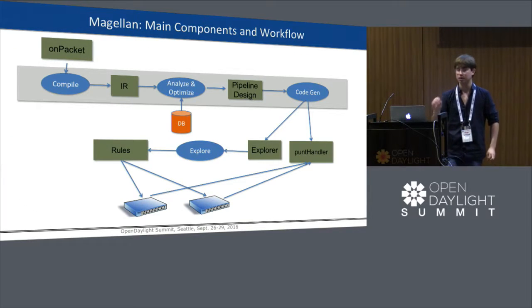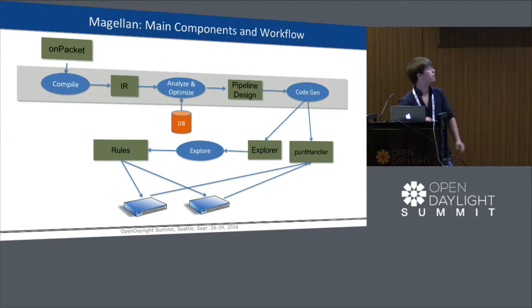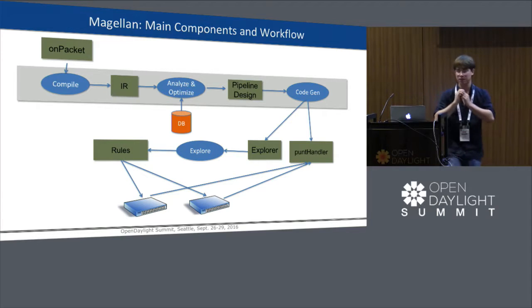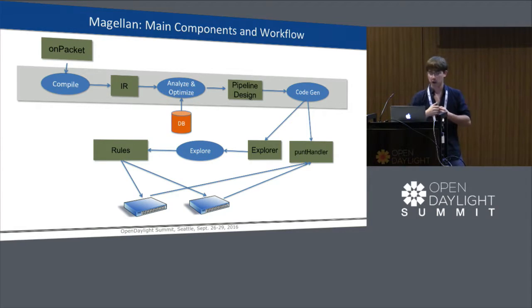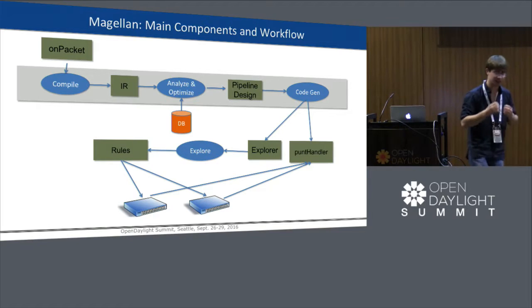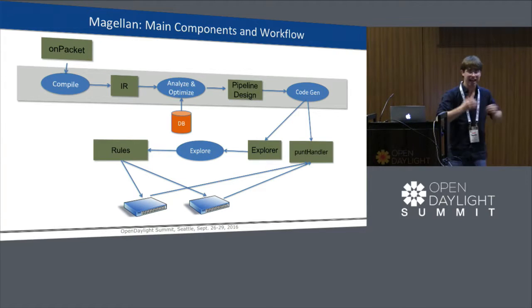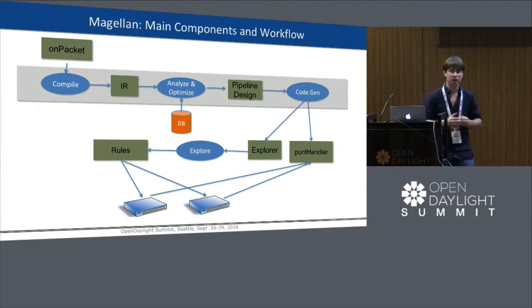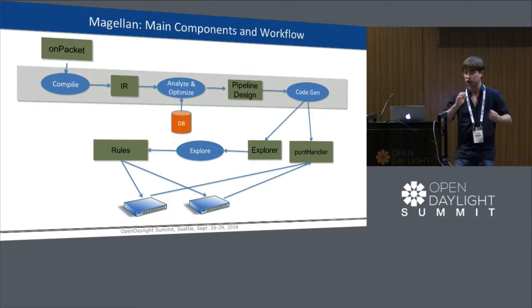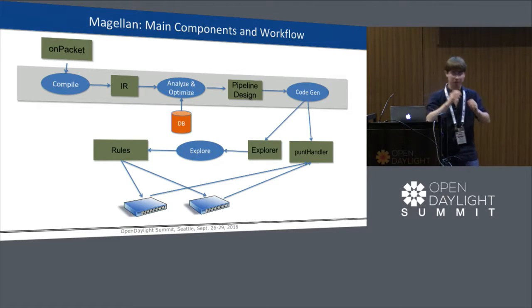So, to conclude, how does Magellan work? We take a particular series of algorithmic policies, we compile it down to an intermediate representation, in this case, a series of per instruction tables. We then lay out the pipeline size via smart recursion through every possible combination of these per instruction tables.